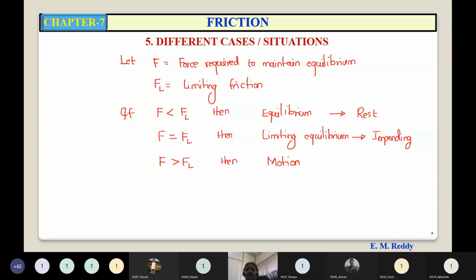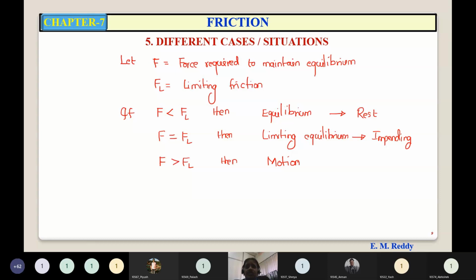Suppose in the given example, they ask to determine whether the body is in equilibrium or not, then what you have to do? You have to find out first the force required to maintain equilibrium, and that is to be compared with the limiting friction. As per that, you can state whether the body is in equilibrium or limiting equilibrium or in motion.